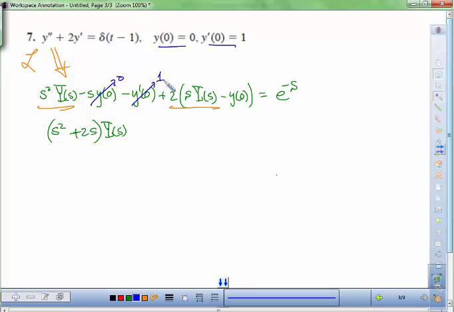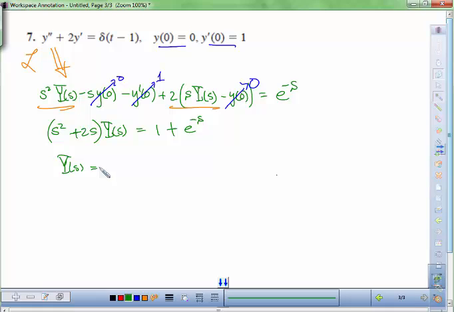So we got a minus 1 in here. This is 0, and then that's it. So we bring the 1 over to the other side. The negative 1 becomes a positive 1. Plus. And then we'll divide.